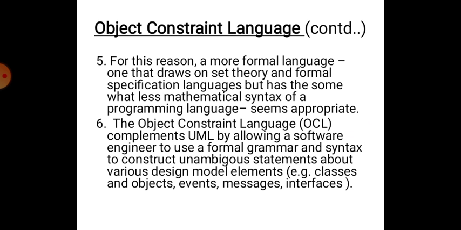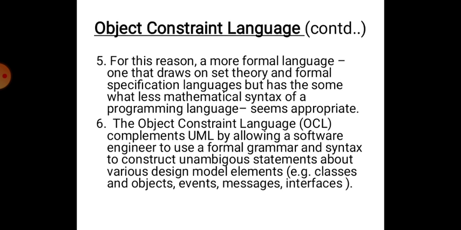Point number 6. The object constraint language, OCL, complements UML by allowing a software engineer to use a formal grammar and syntax to construct unambiguous statements about various design model elements, for example, classes and objects, events, messages and interfaces.